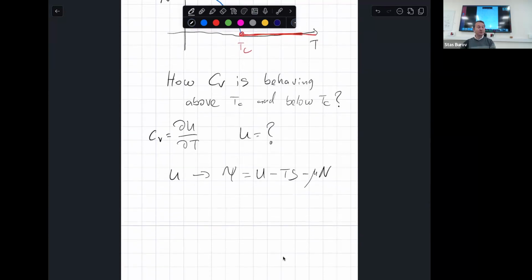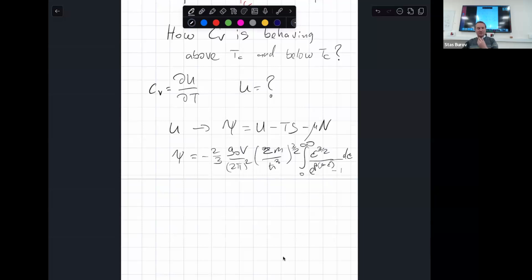We found it in the previous lecture, and psi was equal to minus 2/3 G0 V divided by 2 pi squared, times 2m divided by h bar squared to the 3/2, and we had this nasty integral from 0 to infinity of epsilon to the power 3/2 divided by e to the beta epsilon minus mu minus 1 d epsilon.